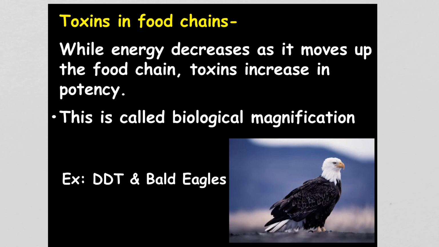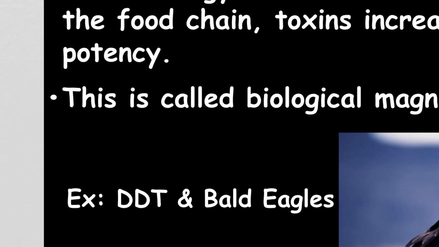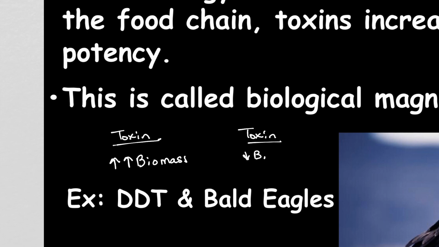So if you think of it in the context of ratios, and you have a high biomass compared to a certain amount of toxin, and the same amount of toxin in a lower biomass, your concentration of toxin is going to be higher.